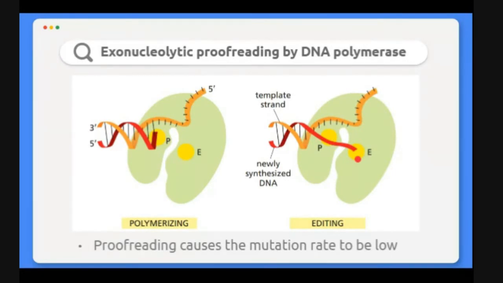So, 'di ba, sana all self-aware. So, meron siyang self-awareness or proofreading capability na ma-correct niya yung pagkakamali niya. Kahit magkamali siya, kaya niyang i-correct yung sarili niya. So, yon yung dahilan kung bakit yung mutation rate sa atin and even in bacteria is considered to be low.